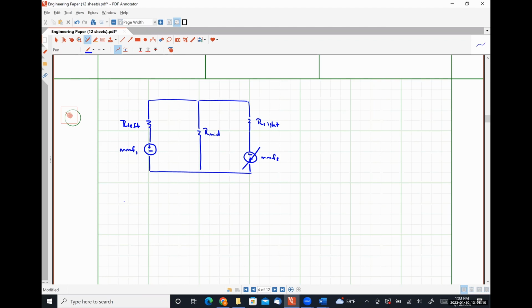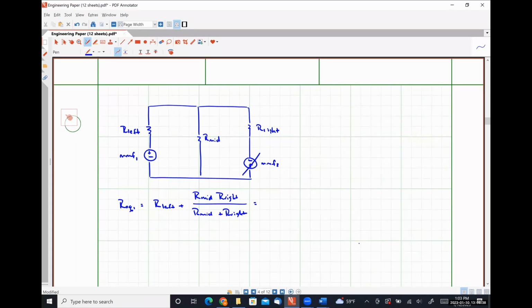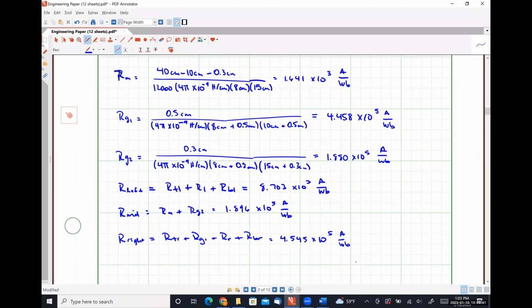So let's call this REQ1, which is R left in series with R mid times R right over R mid plus R right, where that is just R mid in parallel with R right. So now I have to scroll up and figure out what those numbers are.